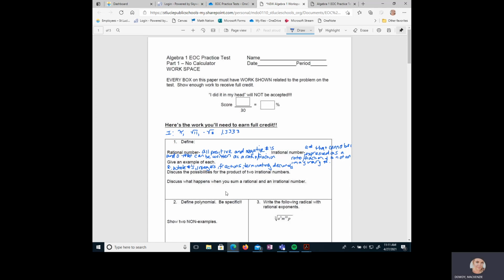Discuss the possibilities for the product of two irrational numbers. The product of two irrational numbers is sometimes irrational.